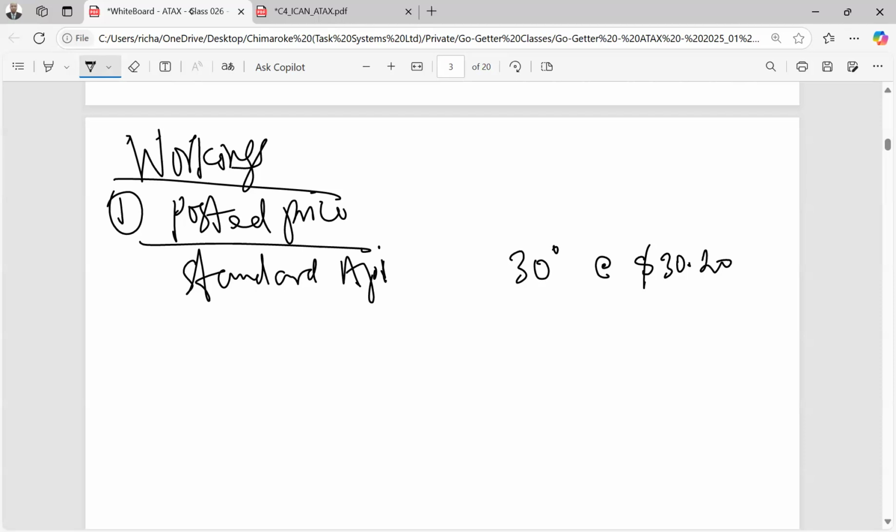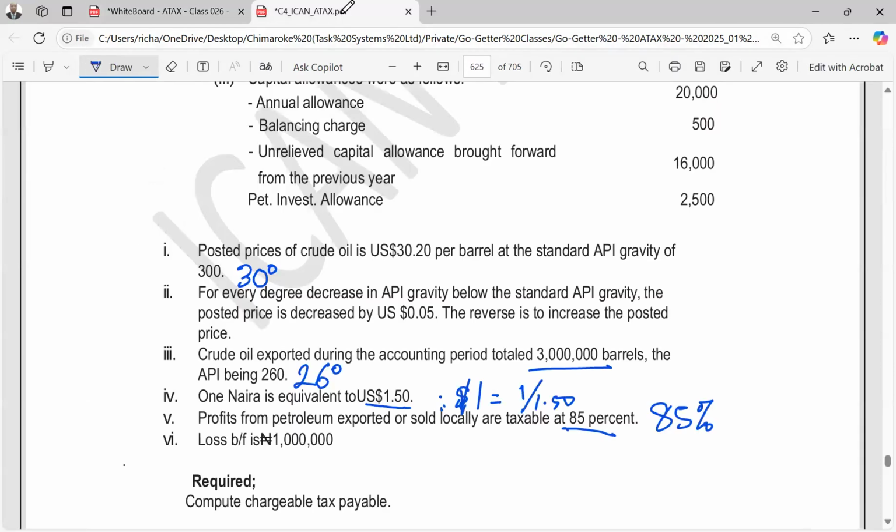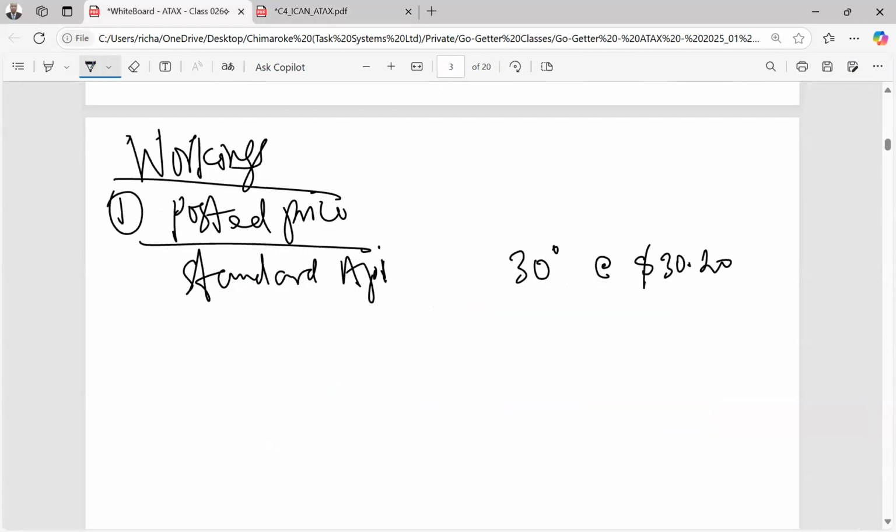All right. So what will happen now is they said for every fall, because there's a fall now. Let's see the fall. Exported oil API is going to be 26 degrees.